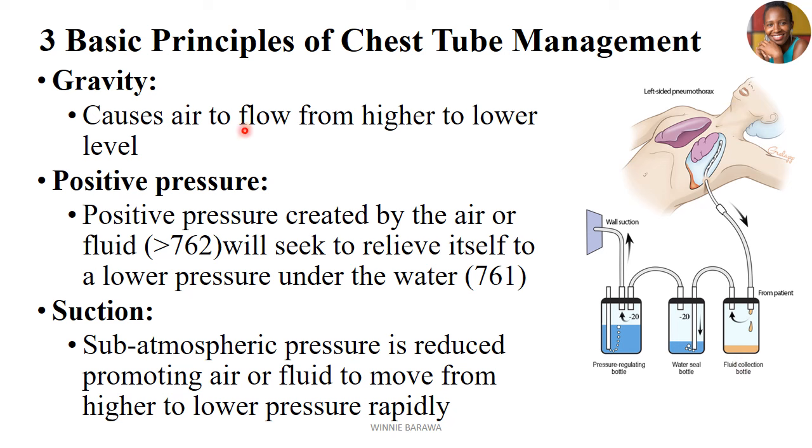So the three principles working in chest tube management are gravity, positive pressure, and suction. These three allow us to maintain our chest tube drainage system, and allow the content to come out efficiently without much strain.